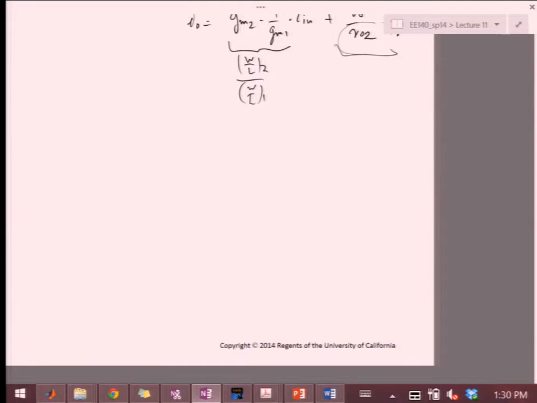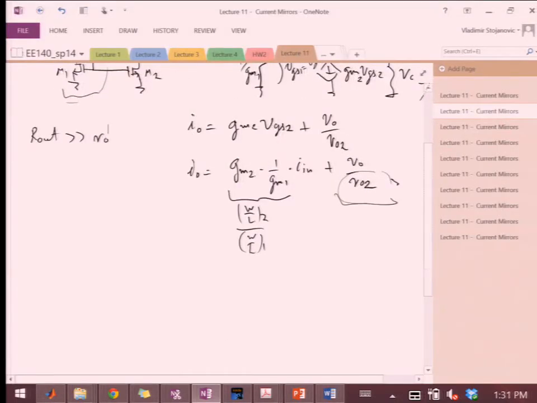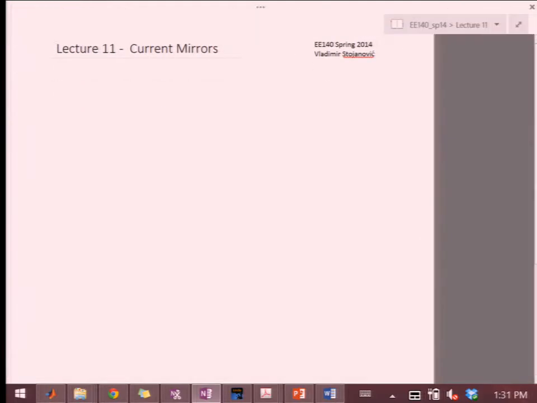Okay. So there are some practical notes for building these current multipliers.